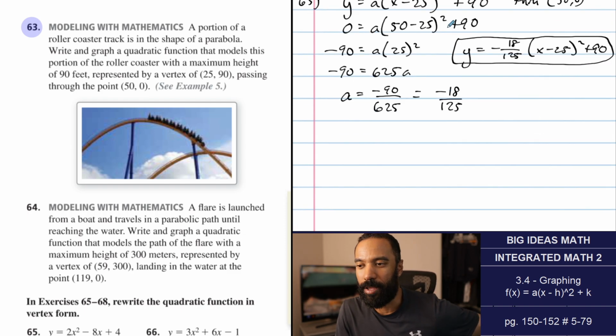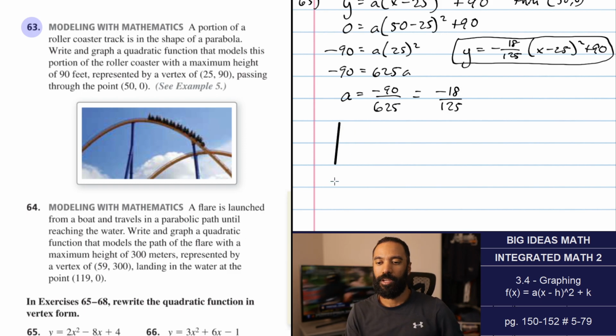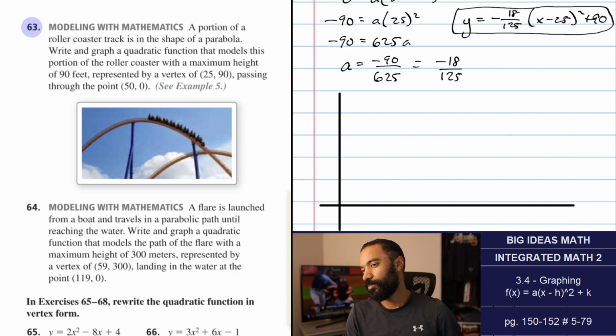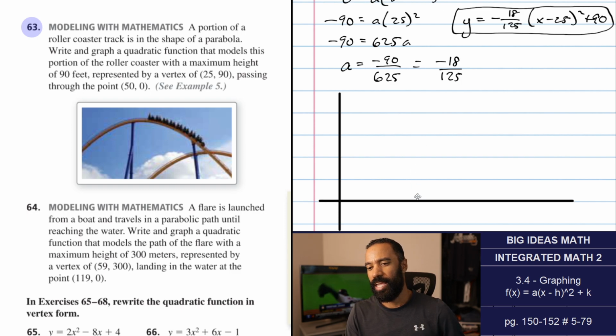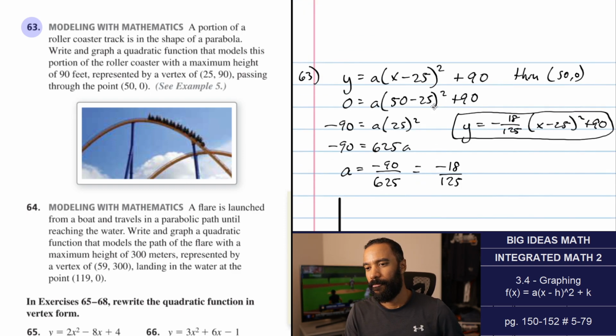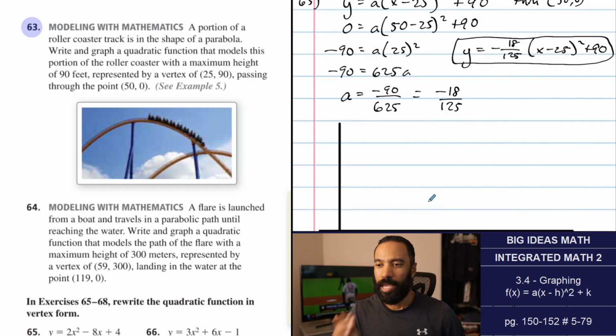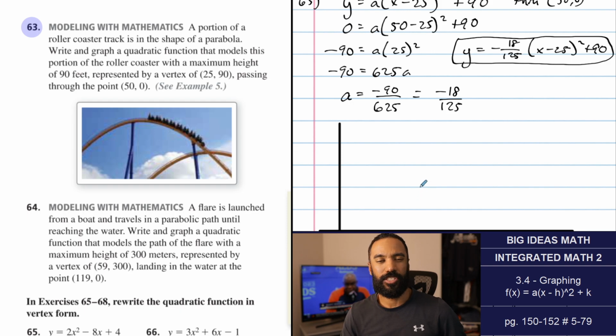Okay, as far as graphing, I'm not going to graph to scale. Not at all. What's interesting as a question is, I guess, okay, this I'll have to do later.